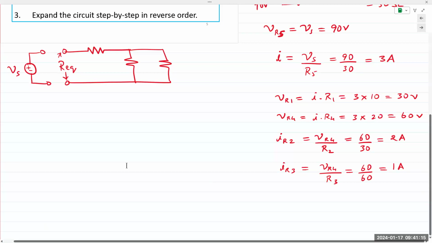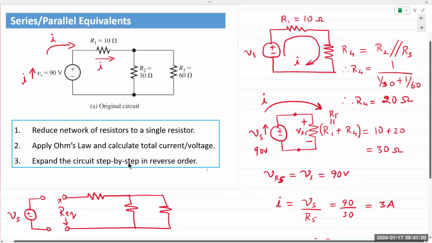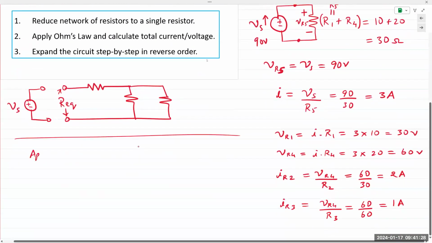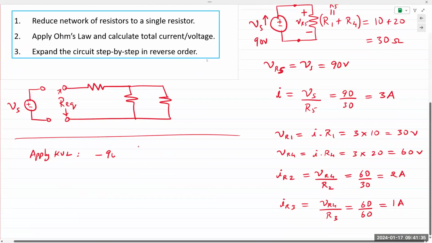That means if the source is supplying 90 volts, the sum of the voltages across the resistances should equal 90. So if you apply KVL across the loop, I do get minus 90 plus 30 plus 60 equal to 0.